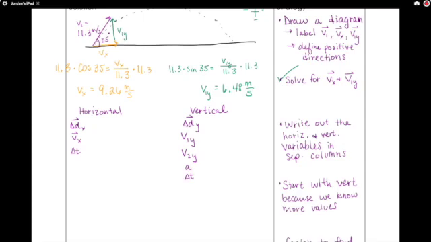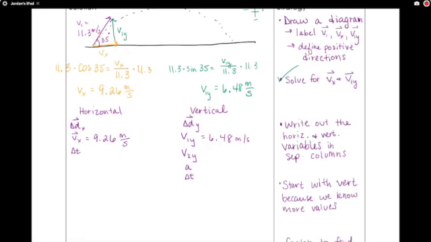All right, so now we can go through and define what we know. We do know that the velocity for x is 9.26 meters per second, because that's what we just calculated. But that's the only thing that we know as of right now as far as the horizontal. For the vertical, we just calculated V1y, the initial velocity, as 6.48 meters per second.